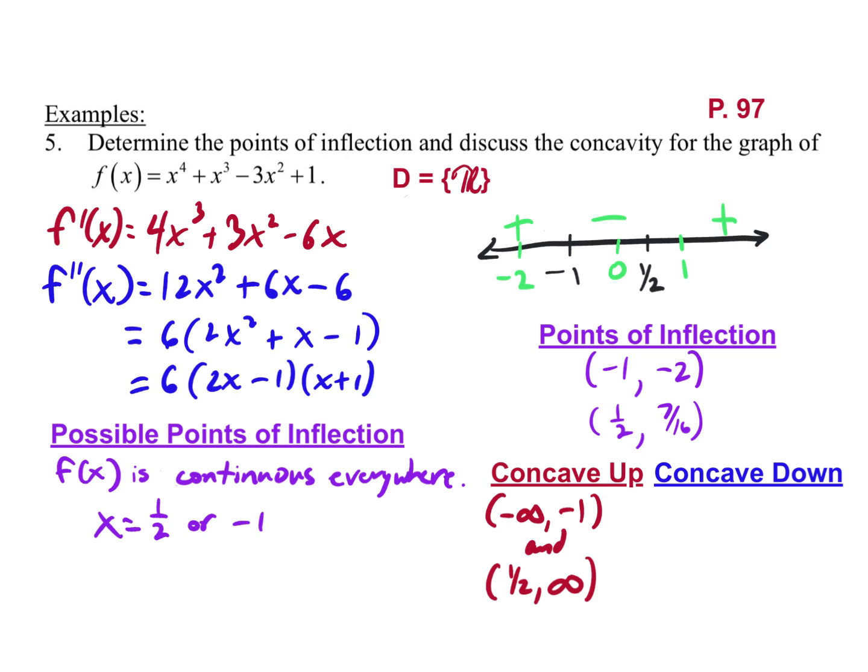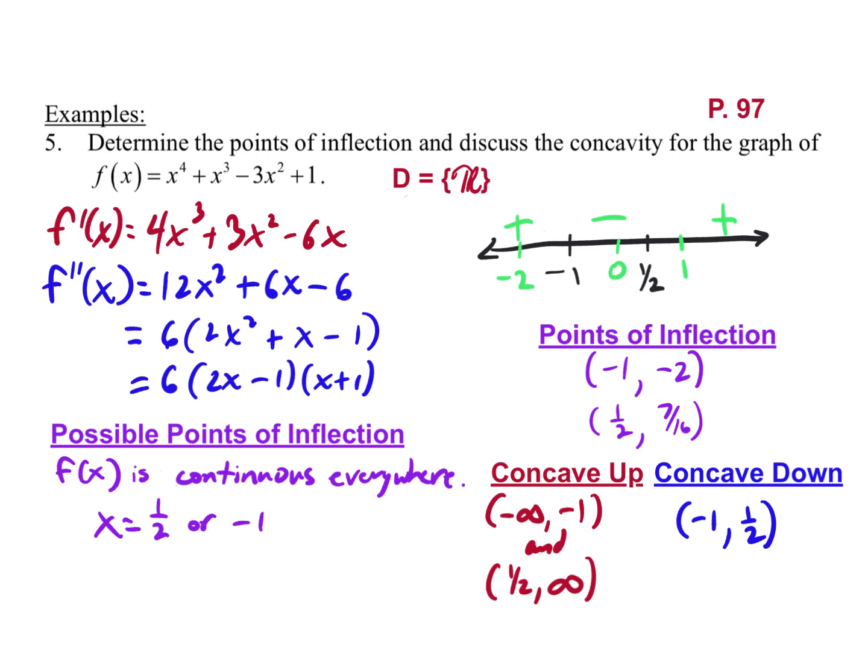They're not going to ding you for that, so long as you have the intervals correct, and they're not going to ding you if you put a bracket instead of a parenthesis, it's fine. So from -∞ to -1, and then from 1/2 to positive infinity, that's where I'm concave up. And then I'm concave down between -1 and 1/2. And that's everything for that problem.